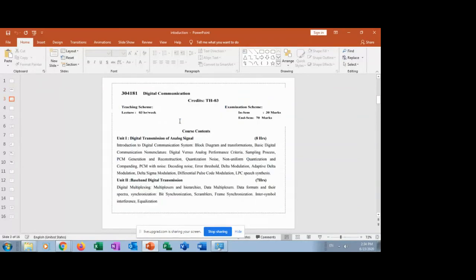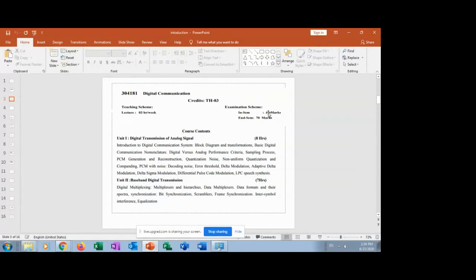Now let us go through the syllabus. Before that, let us discuss the overall exam pattern. Up to the second year, you had an online plus theory examination, with the overall 100 marks distributed as 50 and 50: 50 for online marks and 50 for theory marks. But from the third year, the examination pattern is 30 plus 70.